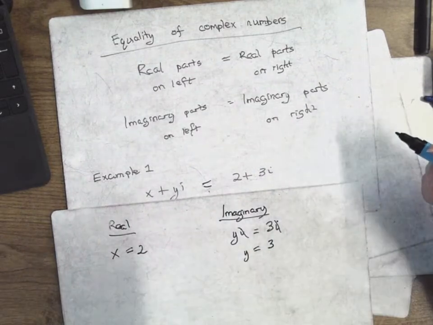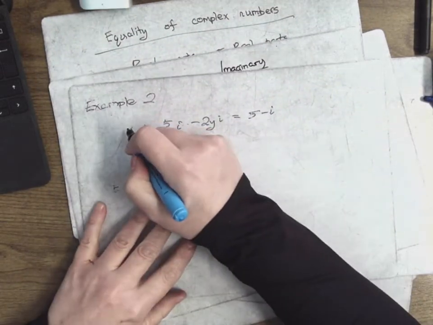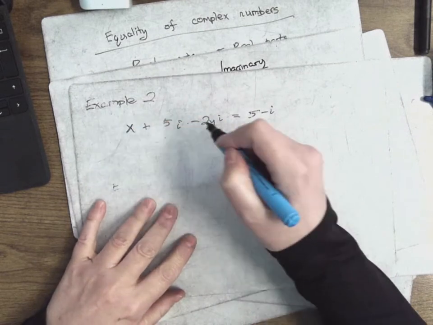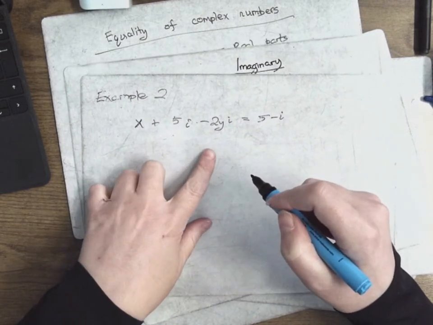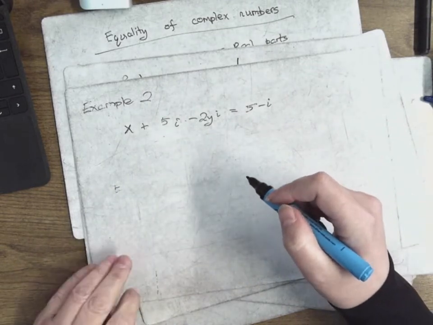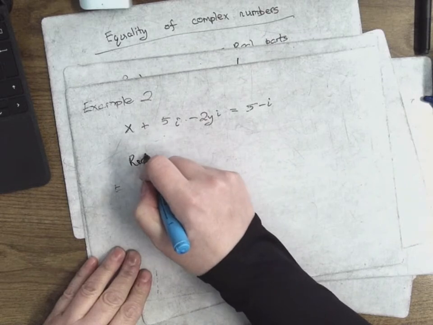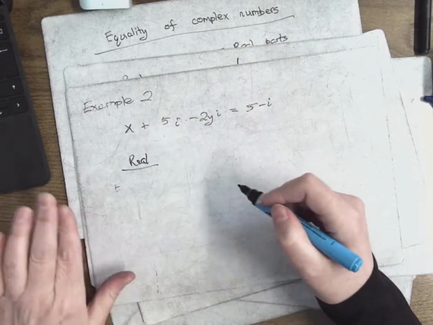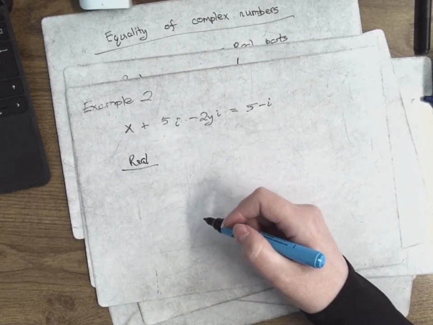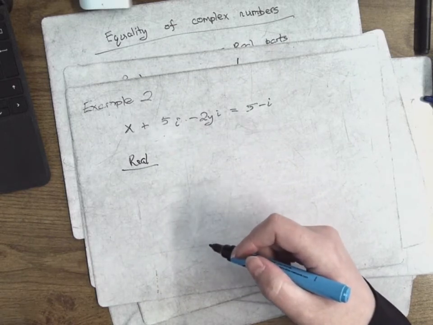Okay, right, so example 2, are we ready? Can I take it away? So example 2 is read x plus 5i minus 2yi equals 5 minus i. So you pick out the real bits. Right, if there was brackets you'd multiply them out first, but there's no brackets. So if there's brackets to multiply out, you do those first.